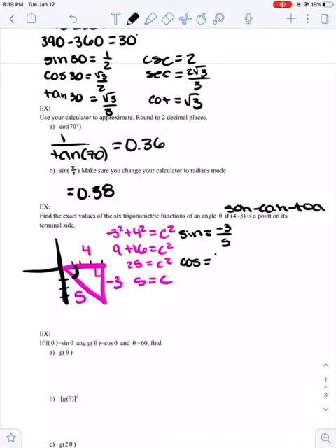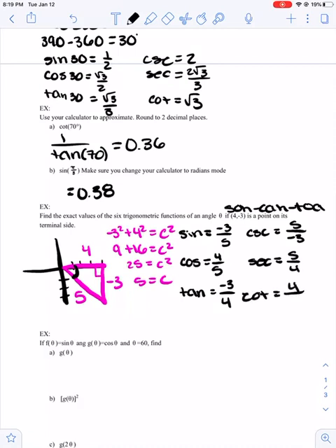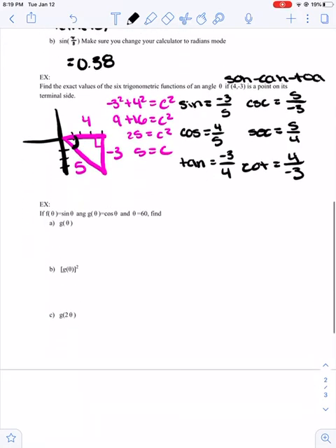Cosine is adjacent over hypotenuse. Tangent is opposite over adjacent. Cosecant, just flip sine, so 5 over -3. Secant, flip cosine, 5 over 4. Cotangent, flip tangent, 4 over -3. And that's our 6 trig functions.